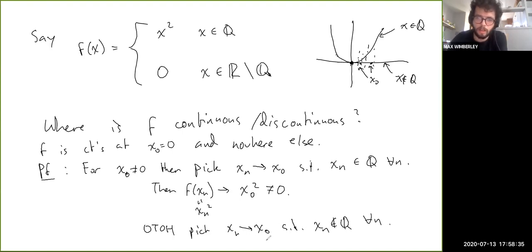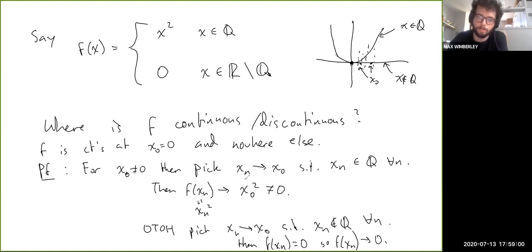Then f of x_n equals 0, so f of x_n converges to 0. So we got two different limits here. One of these two things is the value of f, and one of them isn't.